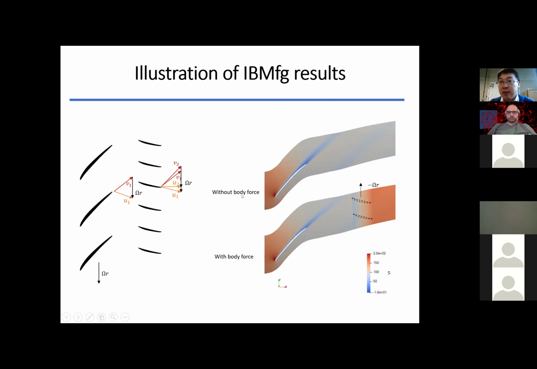On the top is the simulation without any body force, and on the bottom is with body force. In the body force region, I use the dashed line to indicate where the stator is sitting, and we simulate the flow in the relative, rotating frame. So the stator is actually rotated in the counterclockwise direction, in the opposite direction actually.